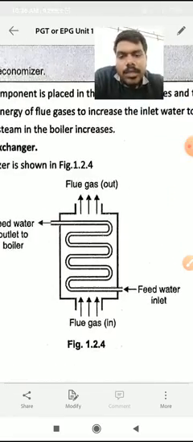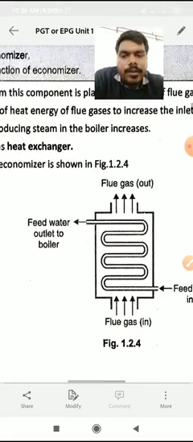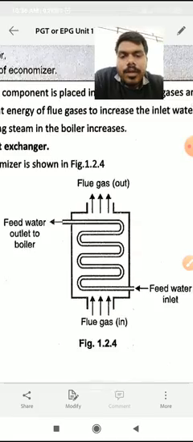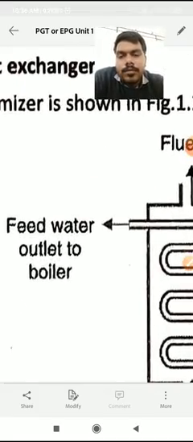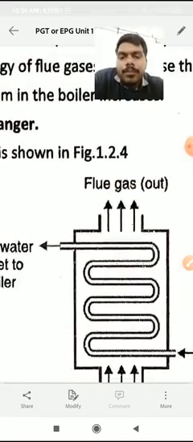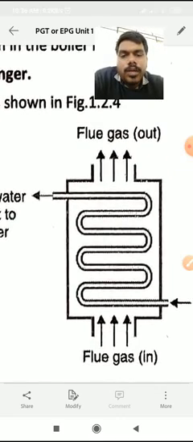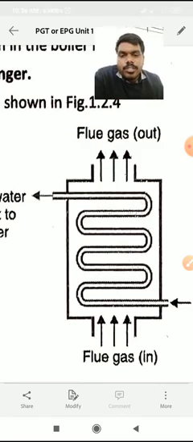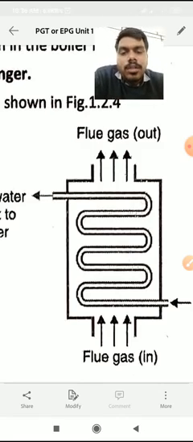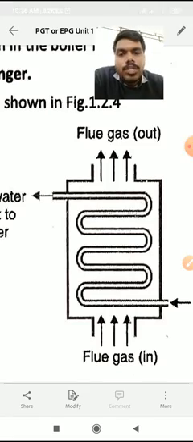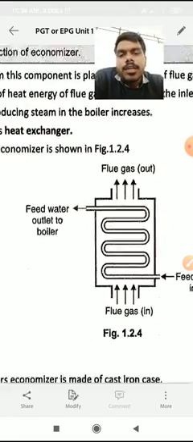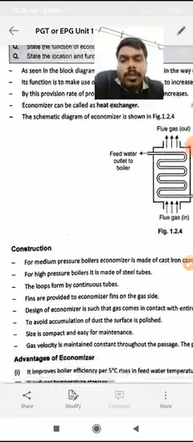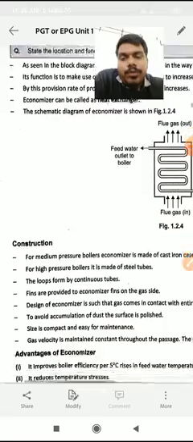Here the flue gases are there, and this is the feed water inlet through which the water is fed to the boiler. The flue gases release their heat and pressurized energy to the water inside the tubes, and then are taken out and released into the chimney. So very simple, that is the economizer.